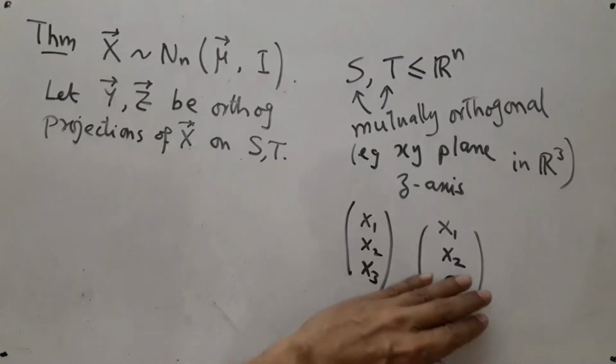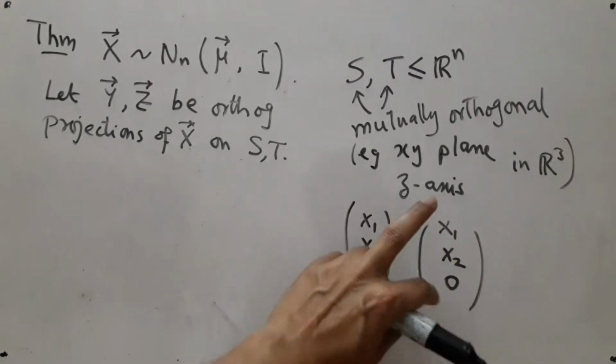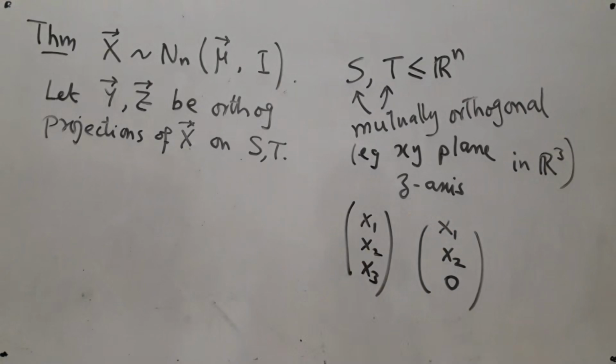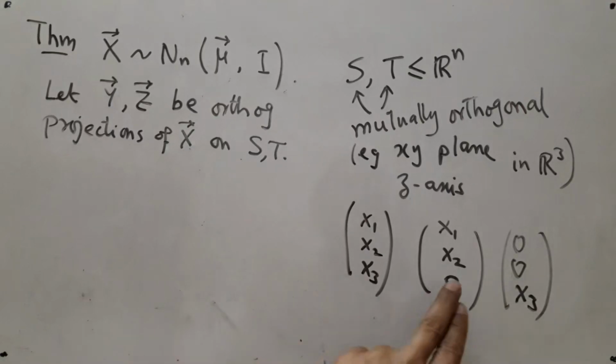Remember, it is not just x1, x2, it has to be inside Rn. So this is also of the same dimension. Similarly, the projection along the z-axis will be 0, 0, x3. So this is my y vector, this is my z vector.